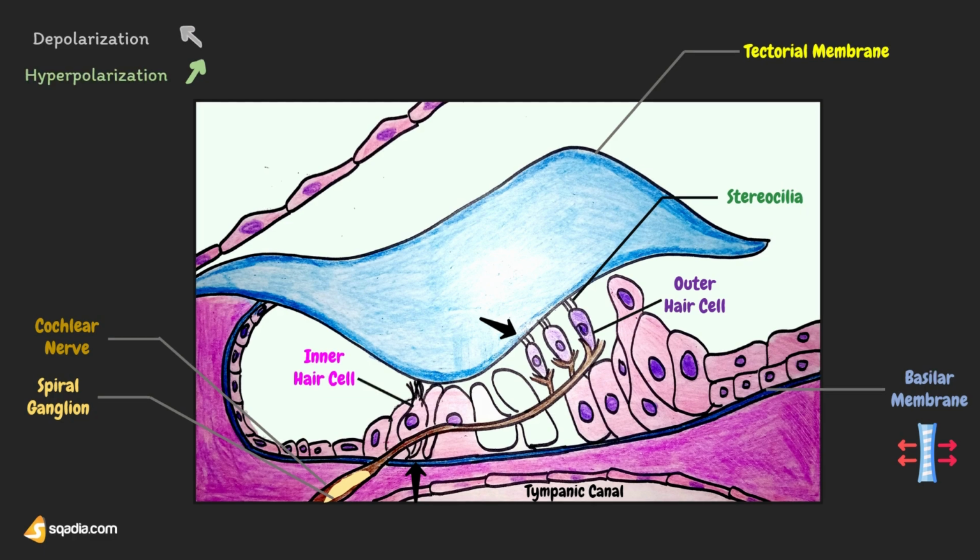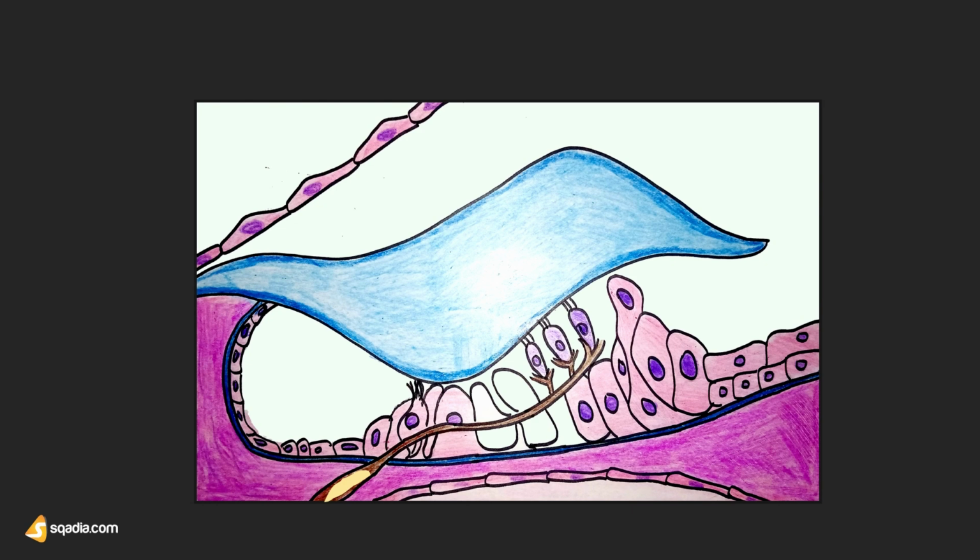Are you still confused about tectorial membrane? So, let's differentiate between basilar membrane and tectorial membrane. Well, basilar membrane is an acellular membrane on which the hair cells lie embedded.